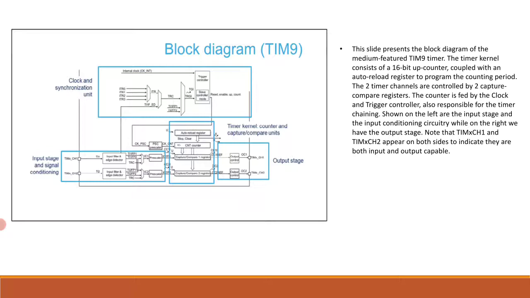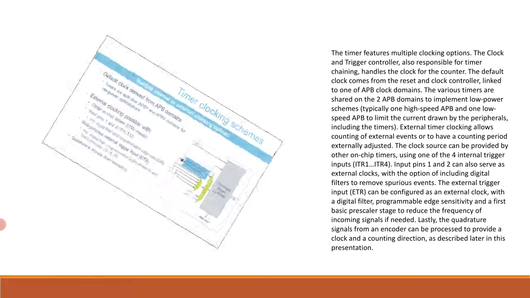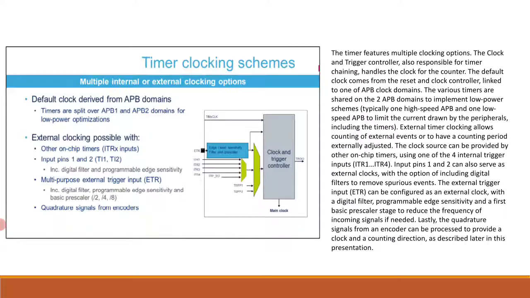So let's have a quick look at the timer clocking schemes. The timer and trigger controller, also responsible for timer chaining, handles the clock for the counter. The default clock comes from the reset and clock controller linked to one of the APB clock domains.